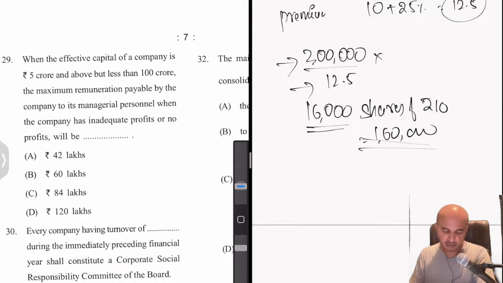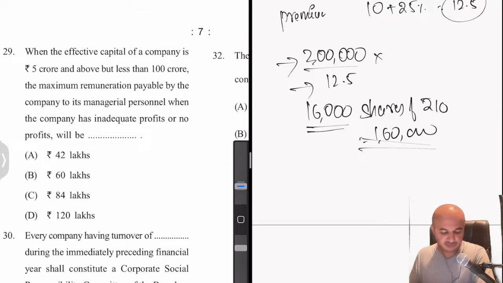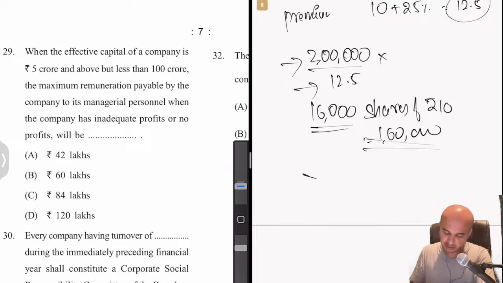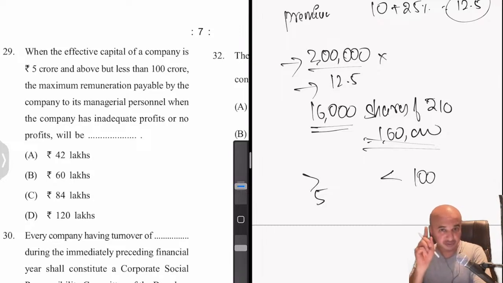Next, when the effective capital of a company is 5 crore and above, but less than 100 crore, effective capital is greater than 5 crore, but less than 100 crore, not even equal to 100 crore. The maximum remuneration payable by the company to its managerial person when the company has inadequate profits.